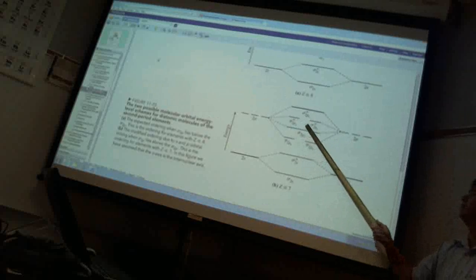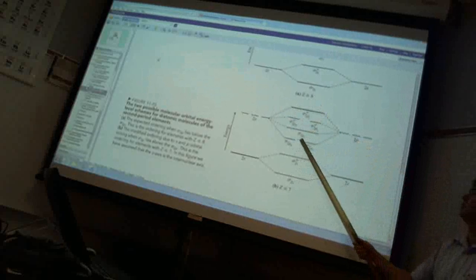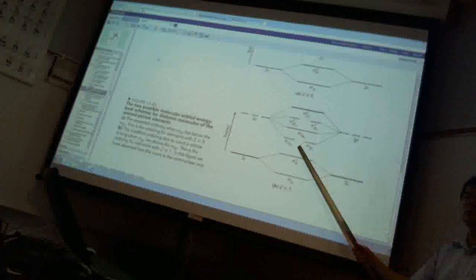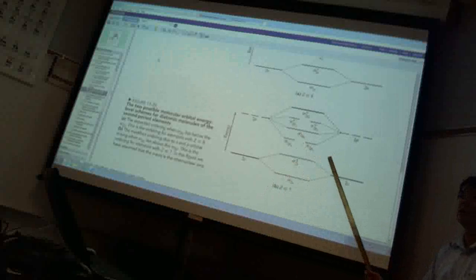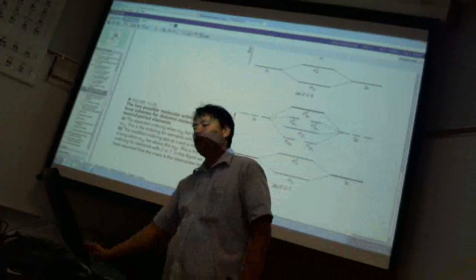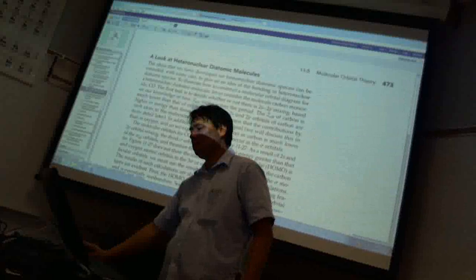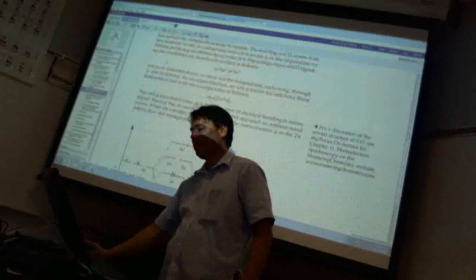What is the bond order here? Well, these cancel, that leaves us 3 pairs. The bond order is 3. It's diamagnetic. In fact, cyanide looks just like this.